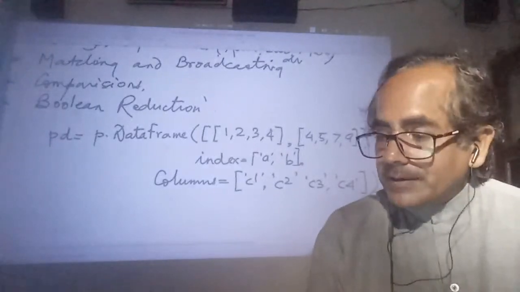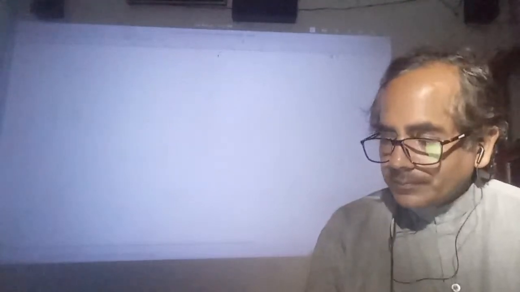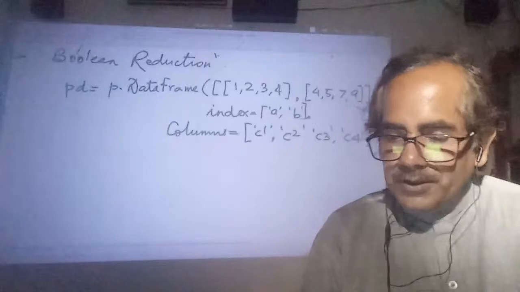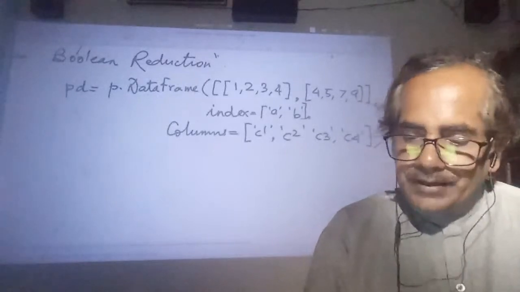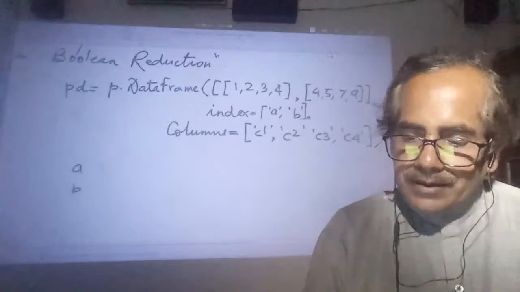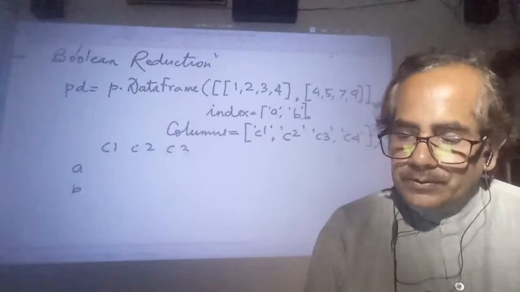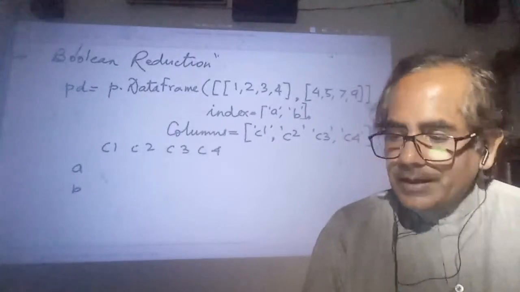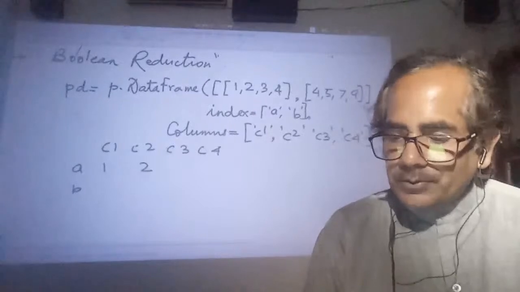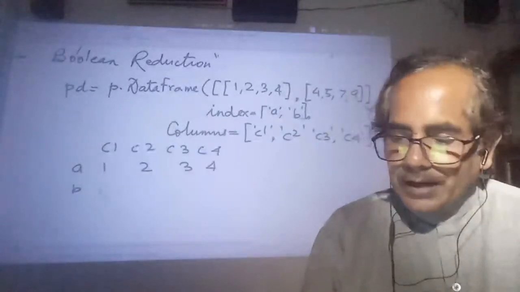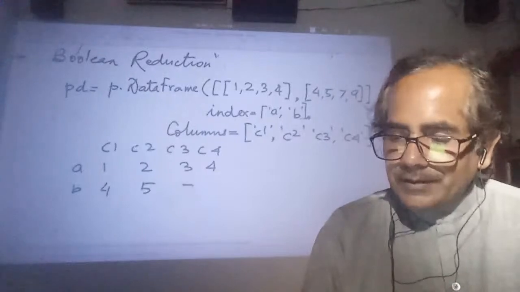Now when this part is executed, you find A, B coming here and C1, C2, C3, C4 coming here, and the values are 1, 2, 3, 4 here and 4, 5, 7, 9 here.